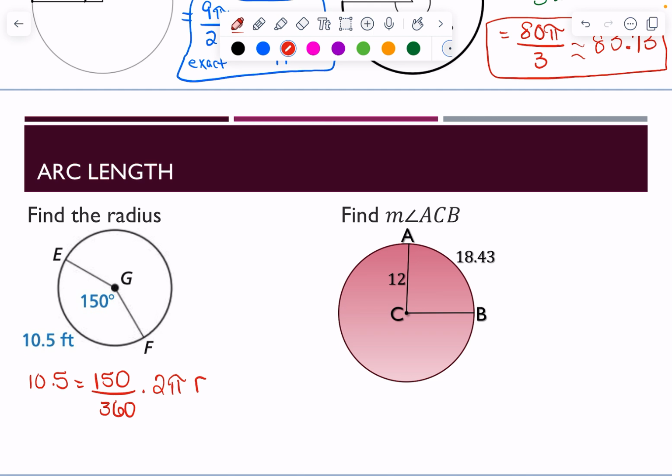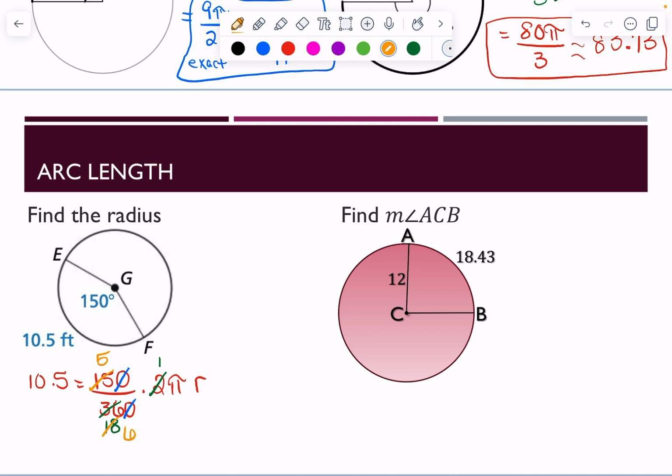Okay, so now personally, I like to simplify as much as I can to start with. So what I would do is come in here and say, okay, that's 15 over 36. I've got a 2 that goes into 36 18 times. I also could simplify the 15 to a 5, the 18 to a 6 by dividing those by 3.